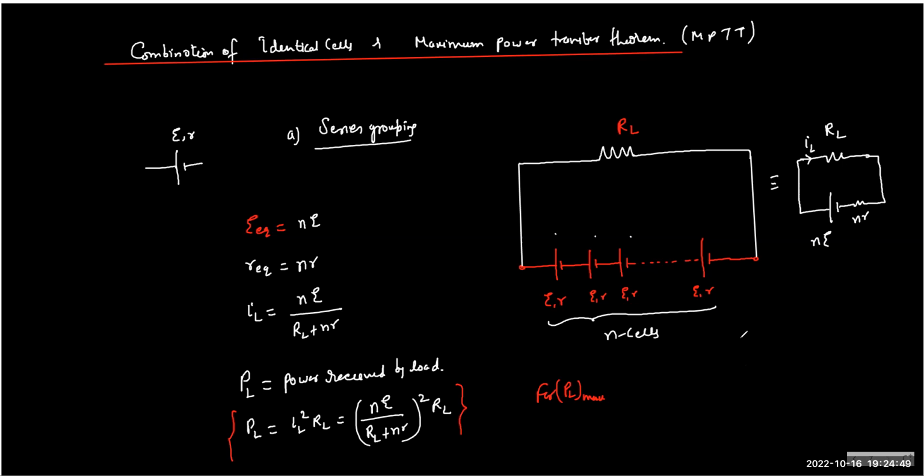Okay, so are you differentiating this? For PL max, dPL by dRL must be 0. Can you differentiate and tell me how much you are getting for RL? Anyone?